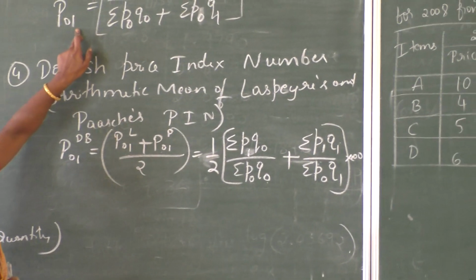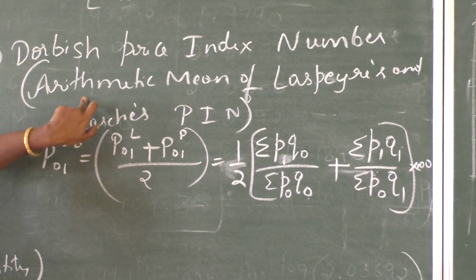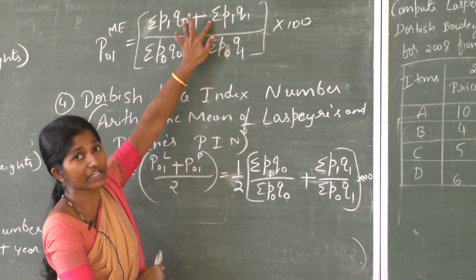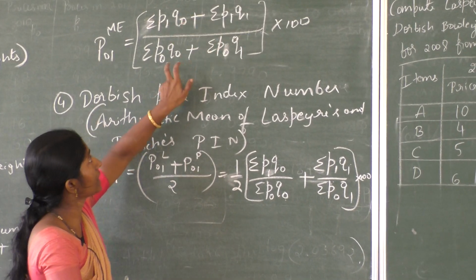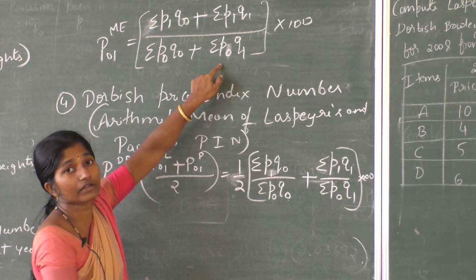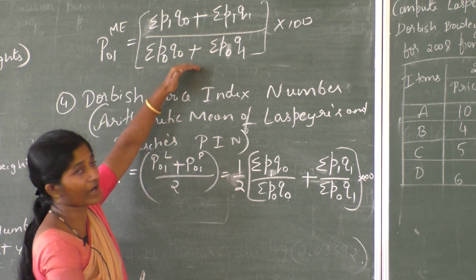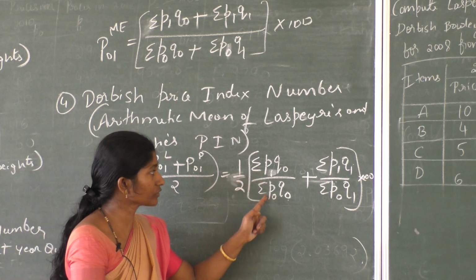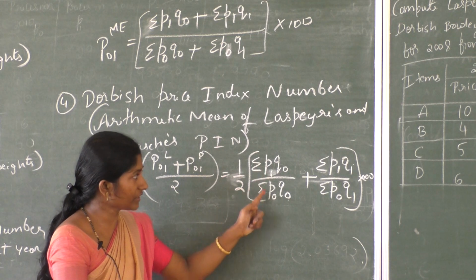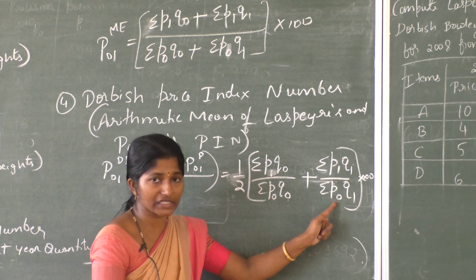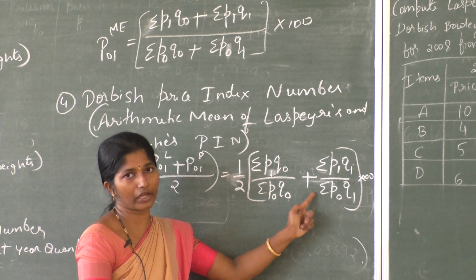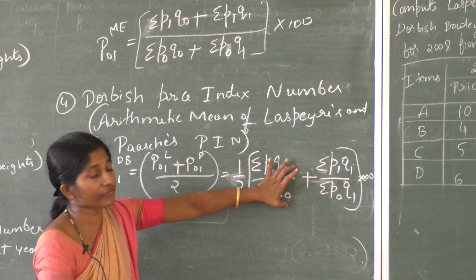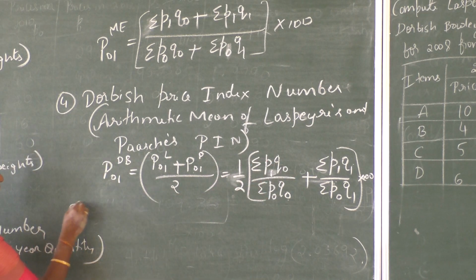Note that in Marshall-Edgeworth, you first add these two in the numerator and add these two values in the denominator, and afterwards divide. In Dorbish-Bowley, first write the Laspeyres value, divide, then divide the Paasche, and afterwards add these two values. Note the Marshall-Edgeworth and Dorbish values are different.